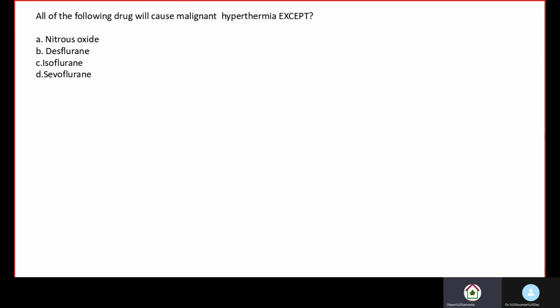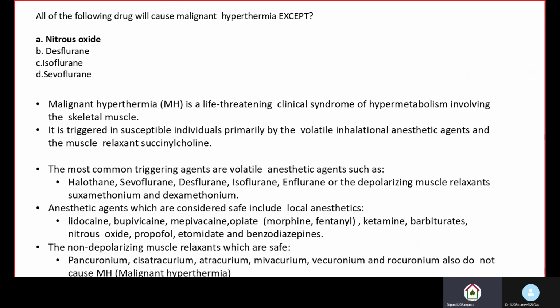All of the following drugs will cause malignant hyperthermia except nitrous oxide, desflurane, isoflurane, sevoflurane. So the answer is nitrous oxide. Malignant hyperthermia is a life-threatening clinical syndrome of hypermetabolism involving skeletal muscle, triggered in susceptible individuals primarily by the volatile inhalational anesthetic agents and the muscle relaxant succinylcholine.